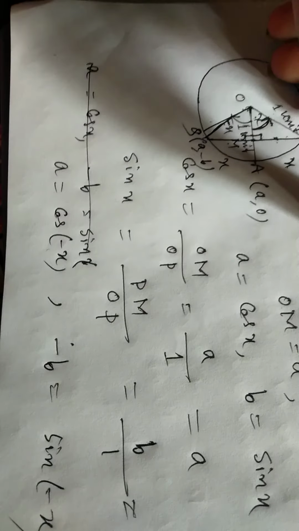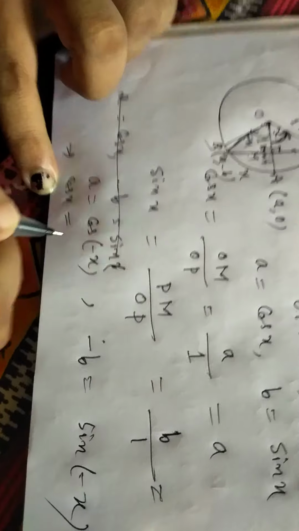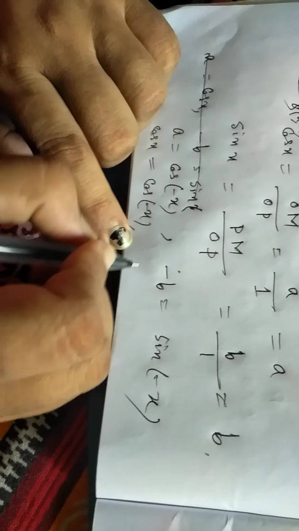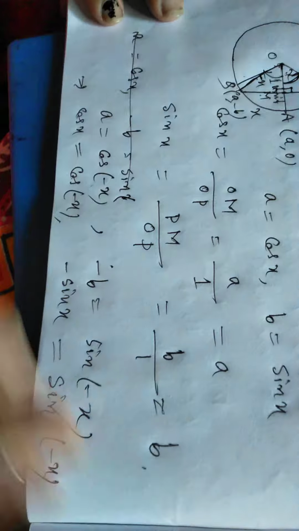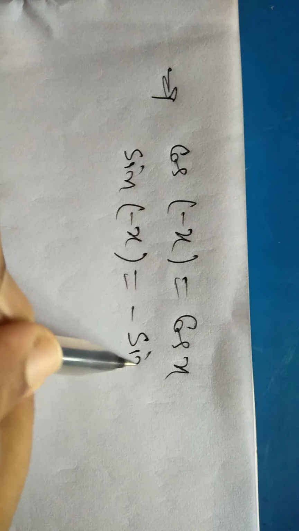But we have a, which is cos x, so cos x equals cos of minus x, and b is sin x, so minus sin x equals sin of minus x. So from this relation we can say cos of minus x equals cos x, and sin of minus x equals minus sin x.